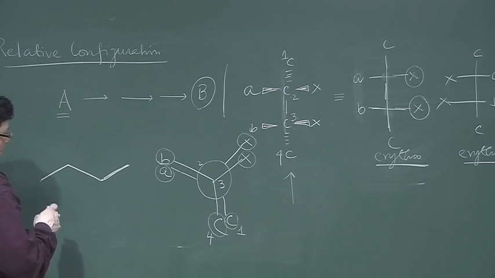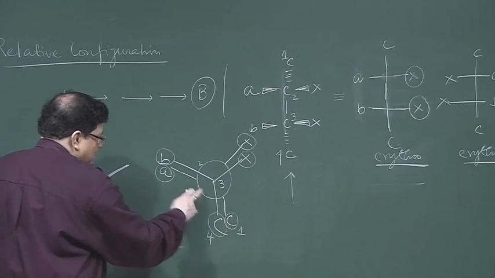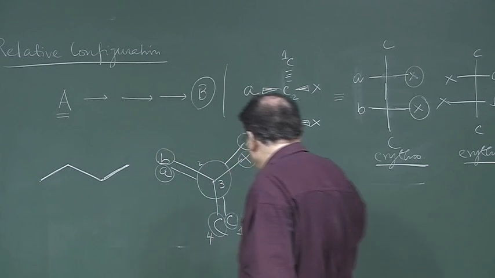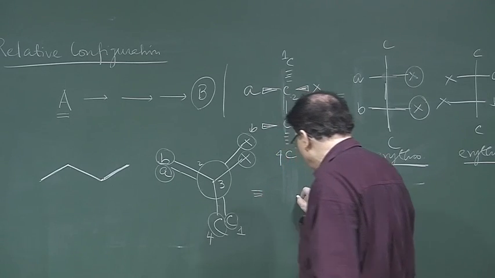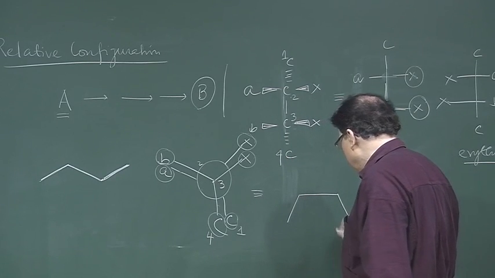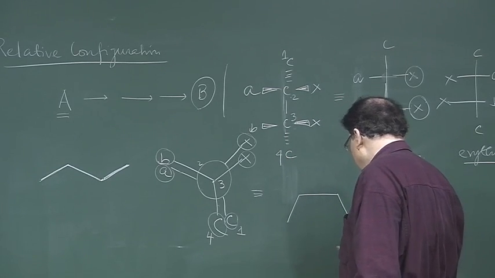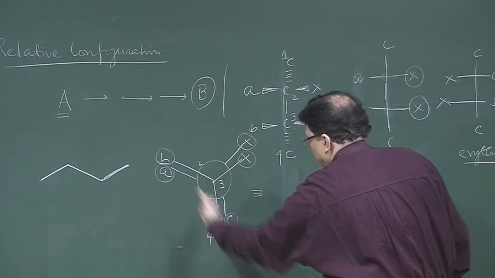Other 2 groups, which will be if you first convert it directly into the wedge formula. So, if you directly convert it into the wedge formula, what happens? It will look like this. This is the C1 and this is the C4. I am actually turning it this side a little bit.